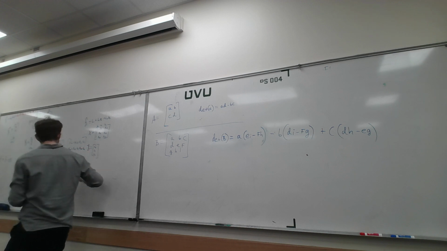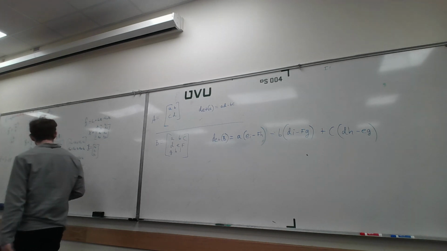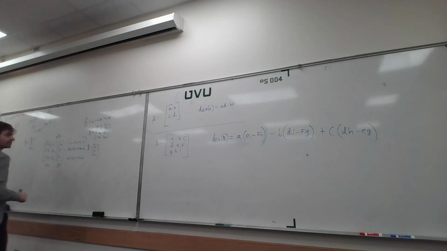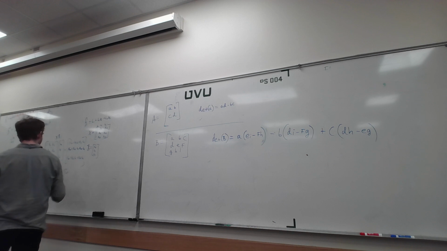This is my result. Just cleaning this up, this result is beta naught, I'll put it in an order you're familiar with, plus beta 1, x1, 1, plus beta 2, x1, 2. So far, so good.